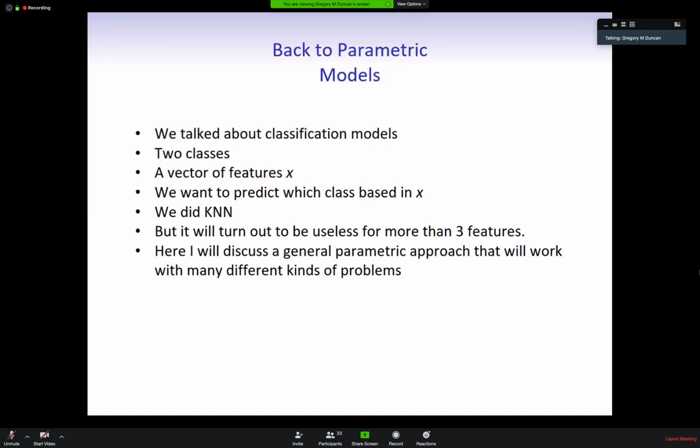Here, I'm going to discuss a general parametric framework that will work with many different kinds of problems. So I'm going to introduce you here to something called the logistic regression model. But what I'm really talking about is a general approach to modeling, from very simple models to very complex models.